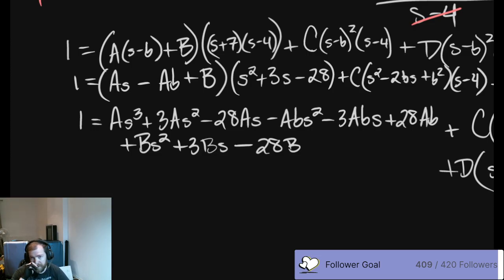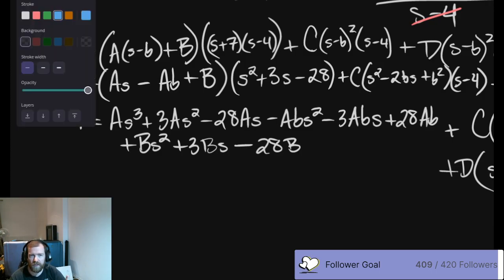Alright, so in this particular case, what we've got now is we would try to rearrange this whole mess of stuff into pieces of like terms. So we're going to look at our s squareds and our s squareds, our s cubeds and our s cubeds, our s's and our s's, and our constants and our constants.